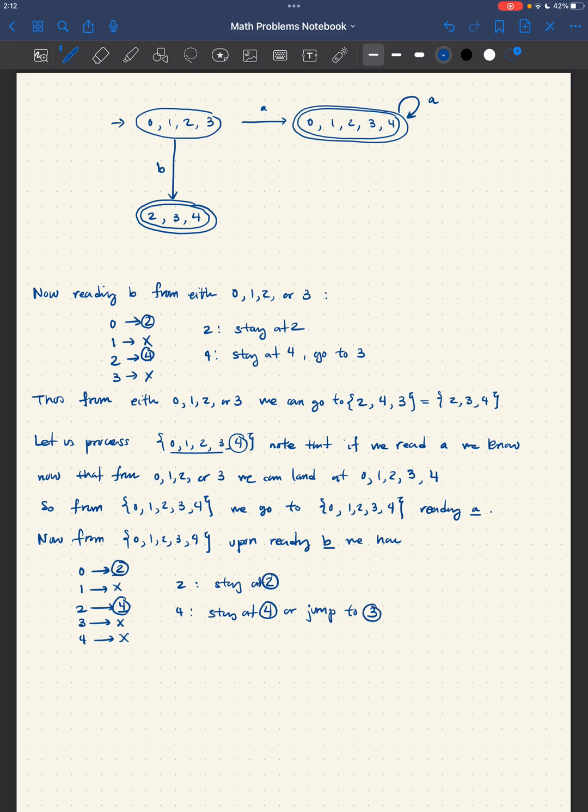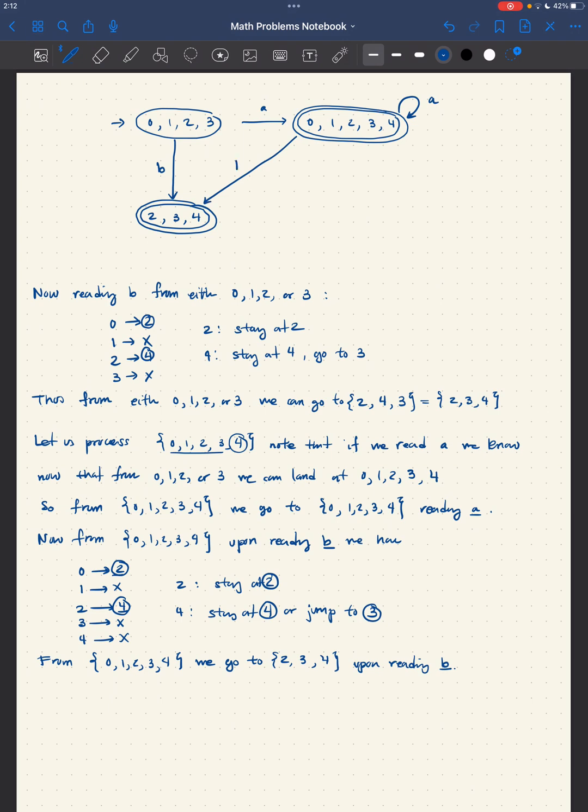Well, that corresponds to the following. From the state 0, 1, 2, 3, 4, meaning from either 0, 1, 2, 3, or 4, we go to either 2, 3, or 4 upon reading a B. How do we signal that?